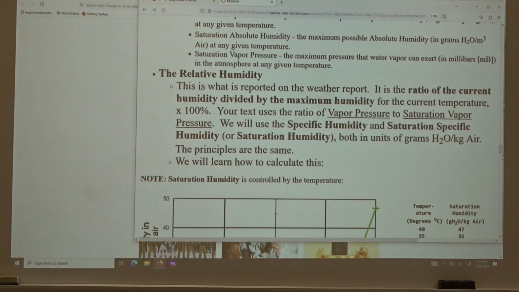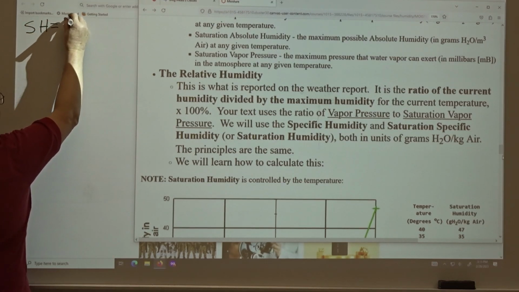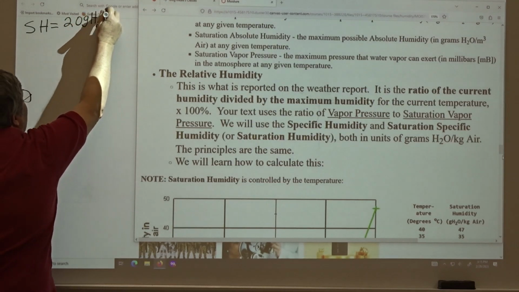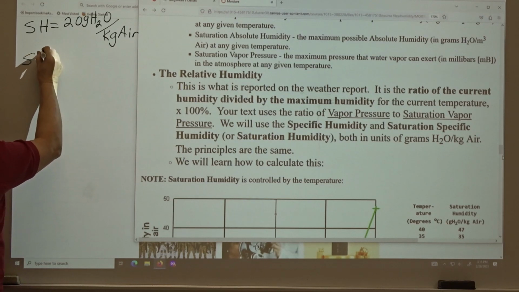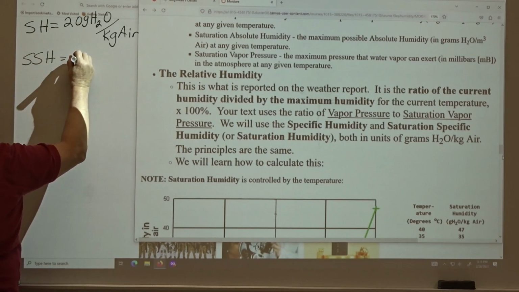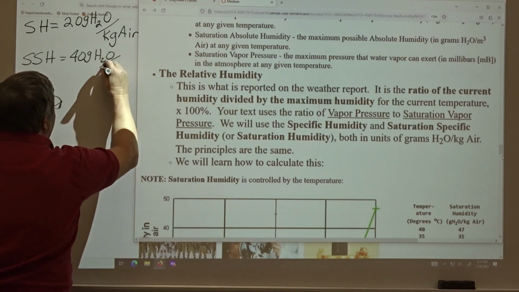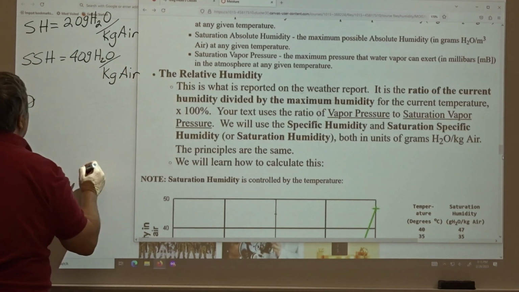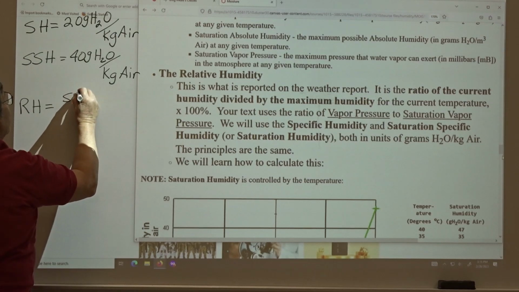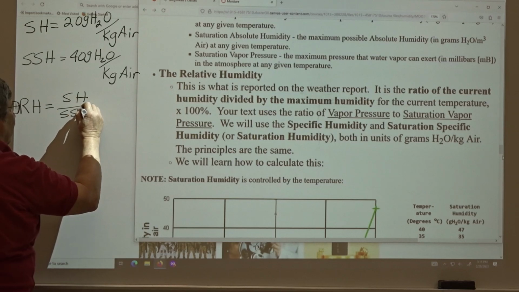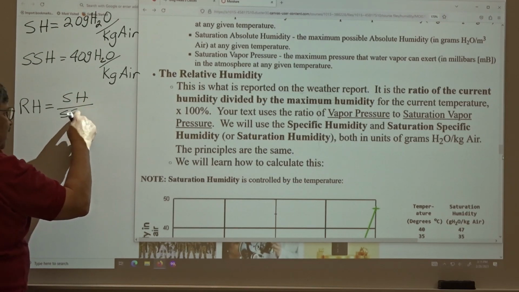So how do we make this calculation? Well, if you have a specific humidity of 20 grams of water per kilogram of air, and you have a saturation specific humidity of 40 grams of water, and remember, water vapor, not liquid water, per kilogram of air, your relative humidity is equal to the specific humidity divided by the saturation specific humidity.